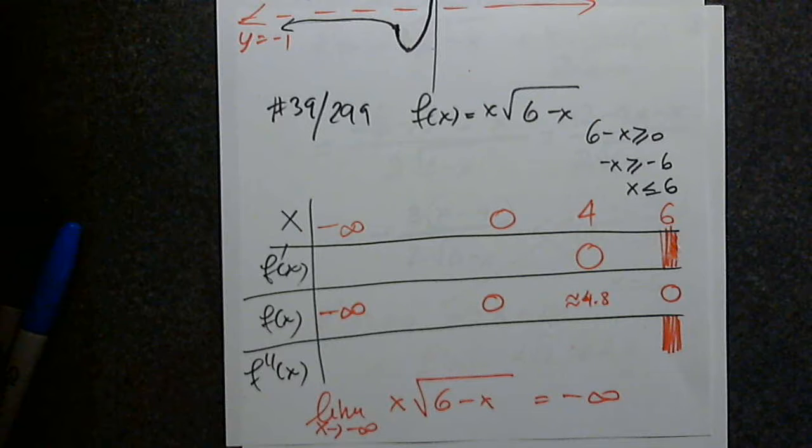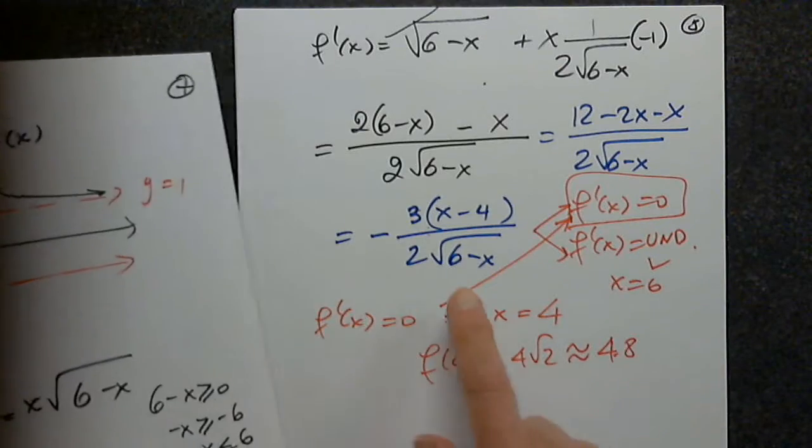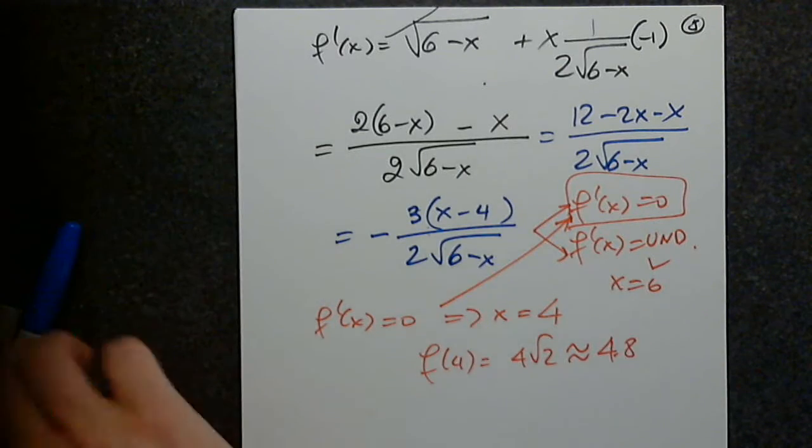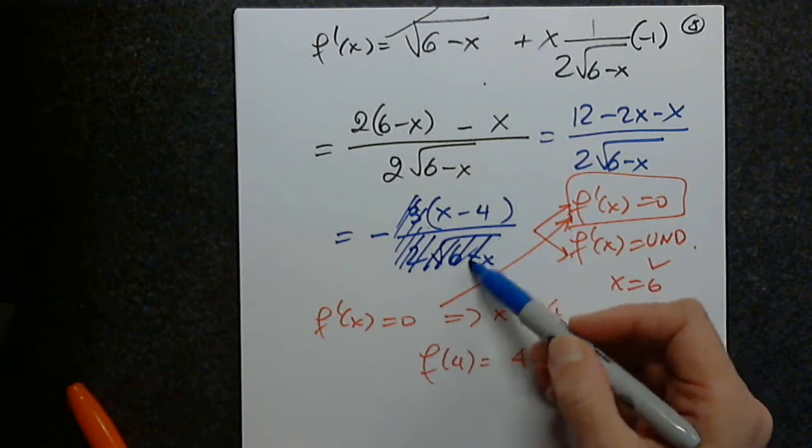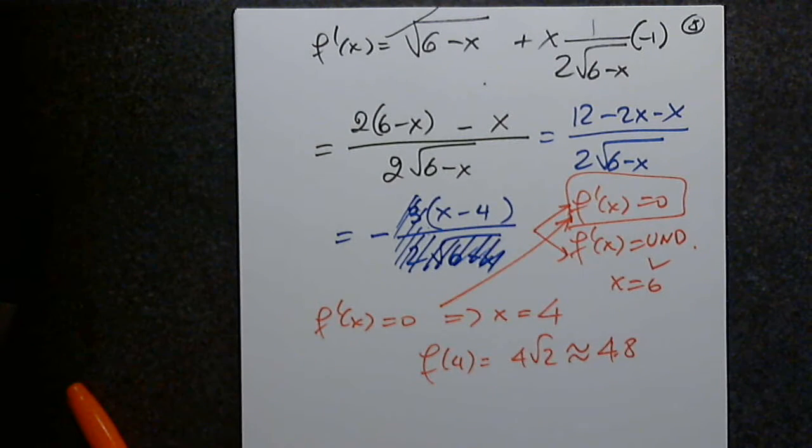I need to find and study the sign of the first derivative. Very good. Okay, so here's the first derivative. I refuse to even consider plugging in anything in what I shaded. Don't erase anything. Why do I refuse to plug in anything in 3 over 2 times the square root? It will always be, yeah, I'm not going to waste my time.